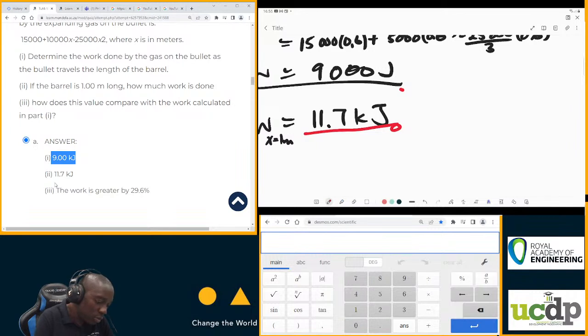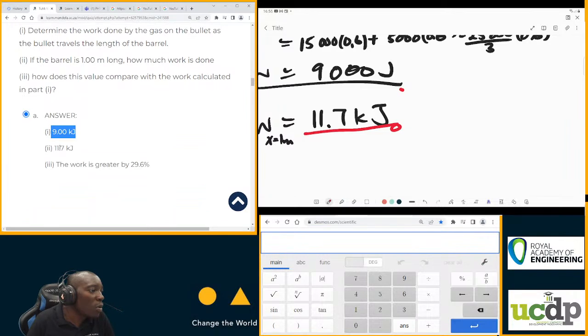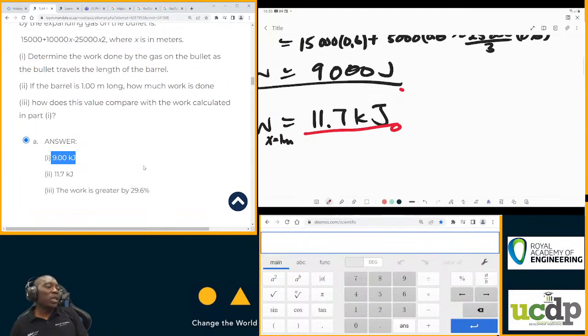So that would be 2.6666, and that's the 29.6. So it's a rounding issue there. If you don't round your figure, you'll still come to the same answer. Looking at significant figures, we have 3 significant figures. So with 11.7, 29.6 or 29.7? I think it should actually be 29.6. It's correct, 29.6 to 3 significant figures.